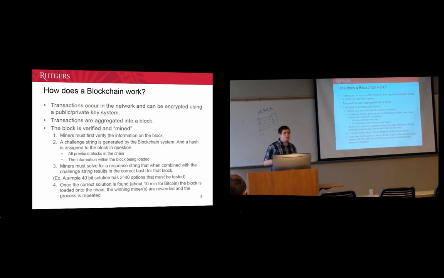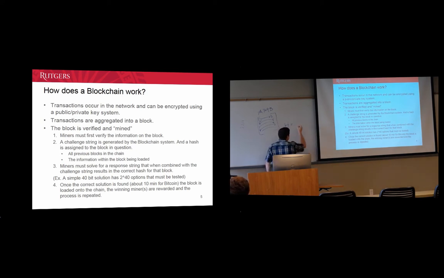So you have all these different miners out there that are trying to come up with the correct solution. So pretty much what you have here, right, is you have this information, and you have y, which is the hash, and you have some sort of complicated equation. For the purposes of demonstration in this class, we'll use a really simple version. They issue a challenge string, we'll call this H. So you have an H for hash, right?